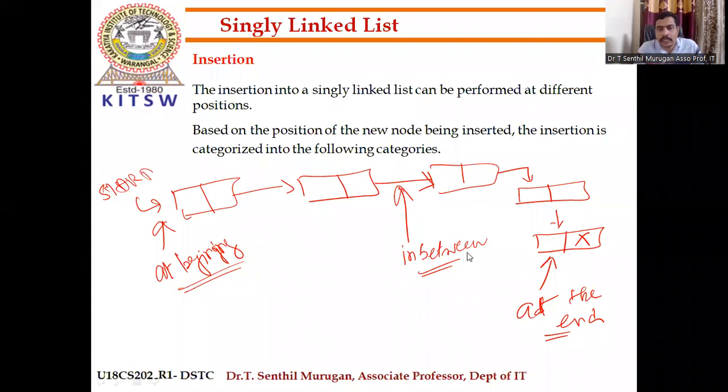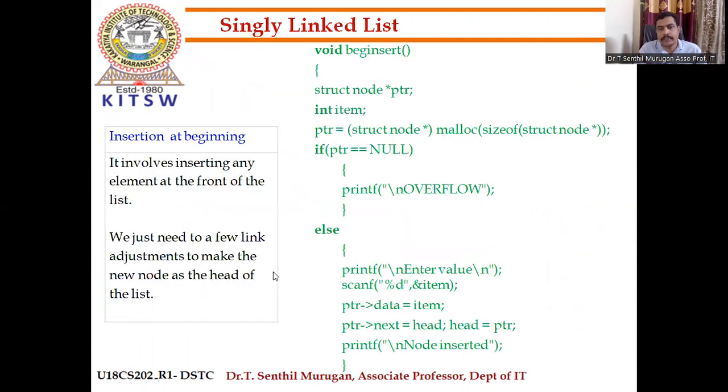So we have 3 options to insert the node: at the beginning, at the end, or in between some nodes, after a node. Insert at the beginning, what do we have to do? First, we have to check whether the list exists, because the start pointer has a value if nodes are there in the list. Otherwise, we have to create the new node.